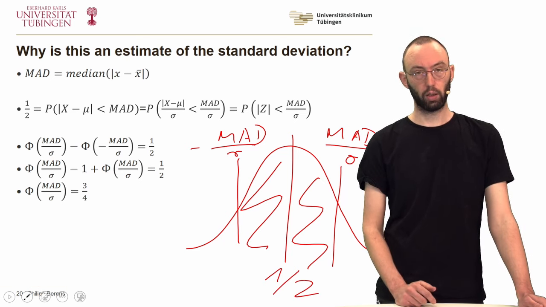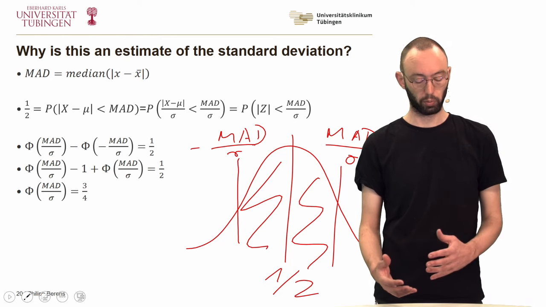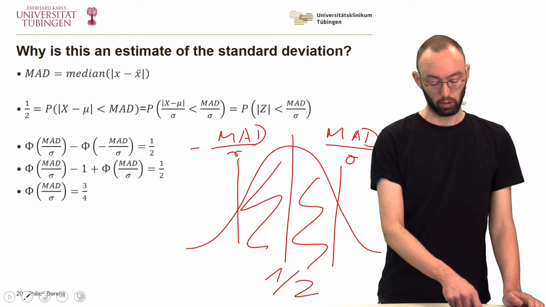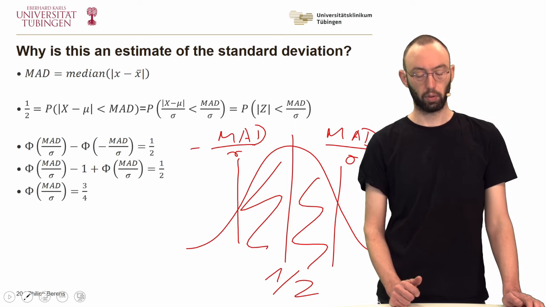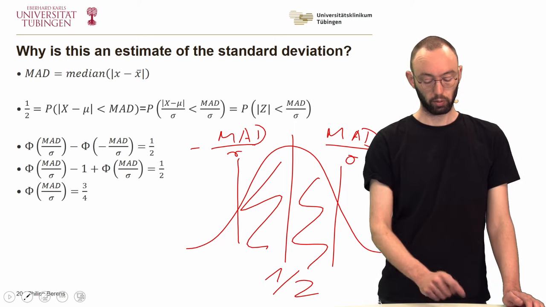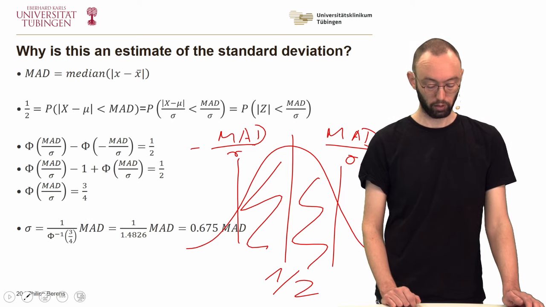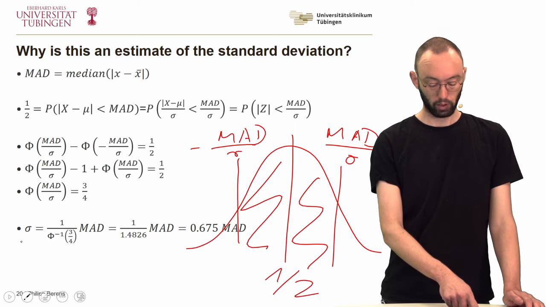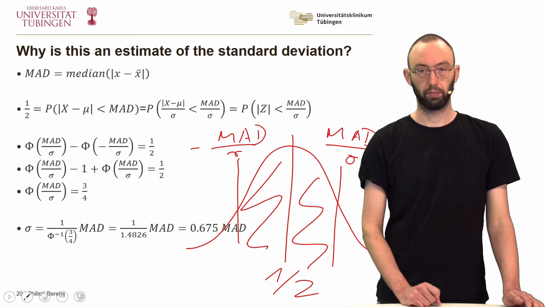Now it's really basically using some basic rules of how to manipulate these distribution functions, and then you find that the normal distribution function of the MAD divided by sigma is equal to 3/4. And then, if you solve for sigma, you find that sigma, in fact, is equal to that.